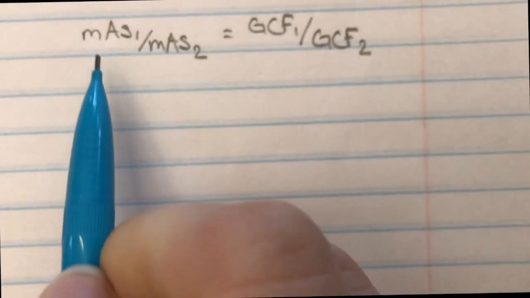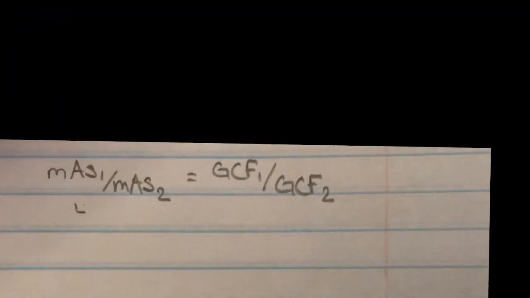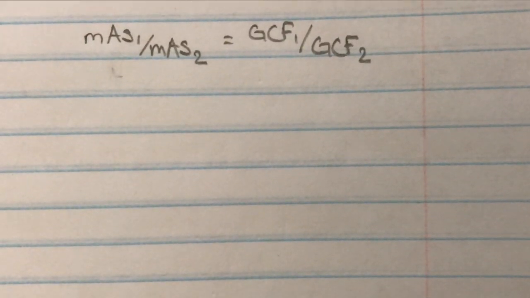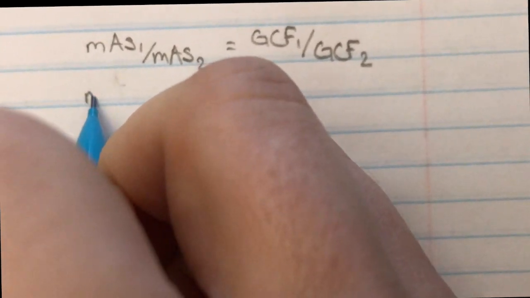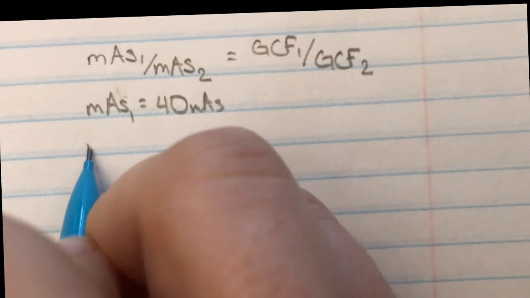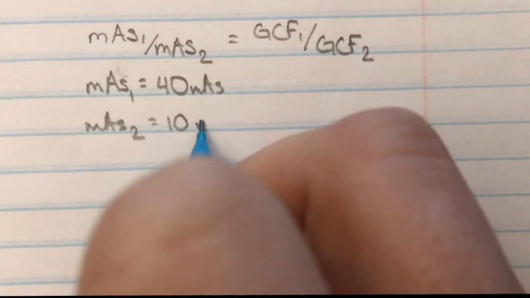So if the first mass tells us it was 40, actually, let me write this out. I like to write out what I'm doing so I can keep my thoughts straight. Our MAS 1 is going to be 40. MAS 2 is going to be 10.